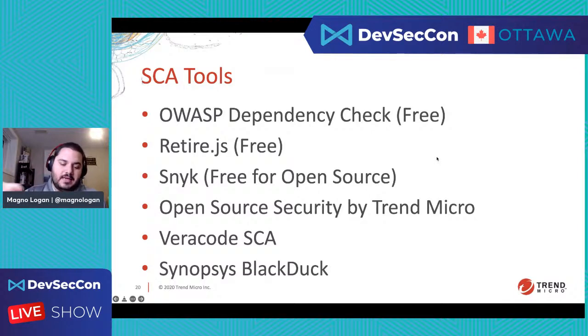Just to finalize before we go into the demo, I'm going to give some comments about different SCA tools out there, and of course we're going to cover Snyk here as well.